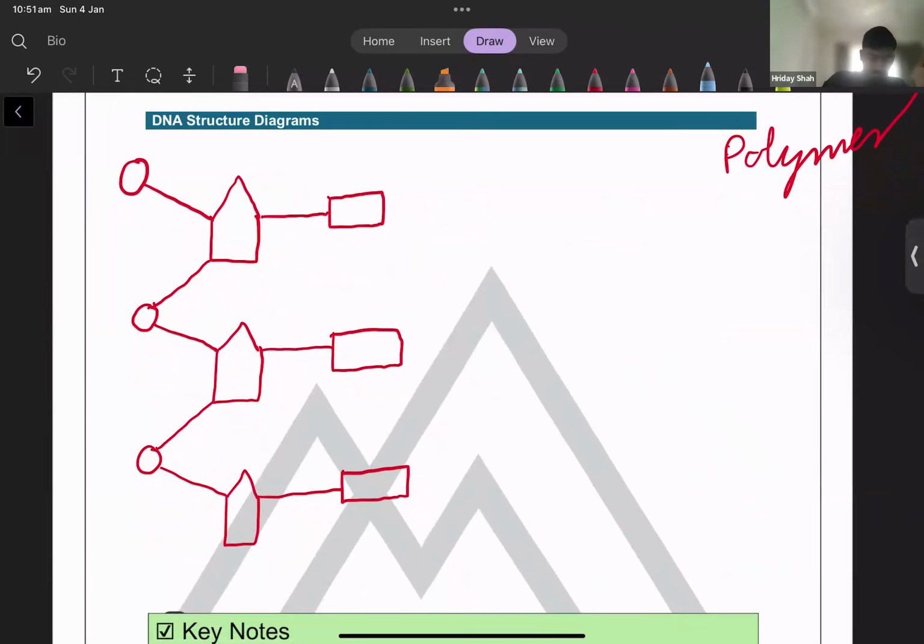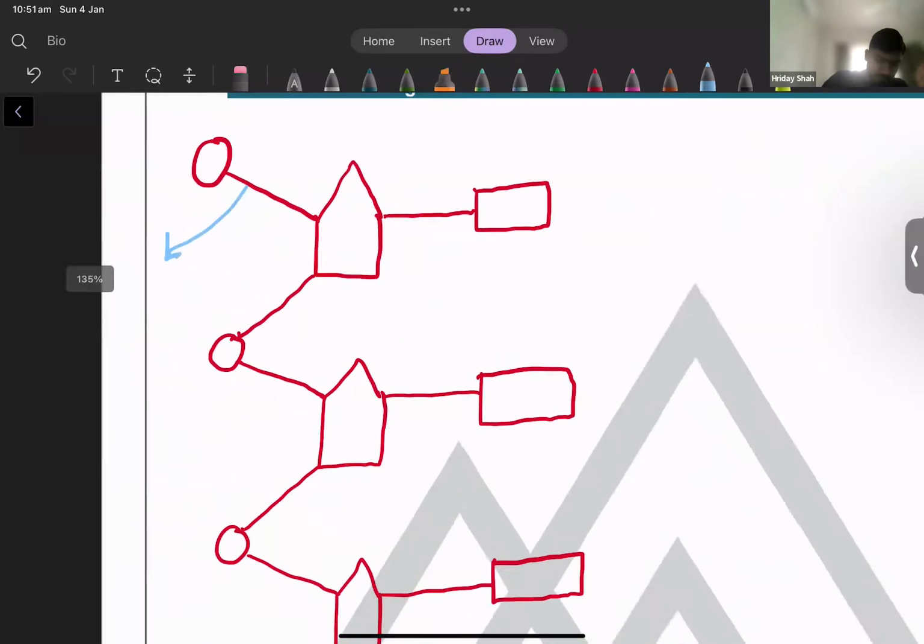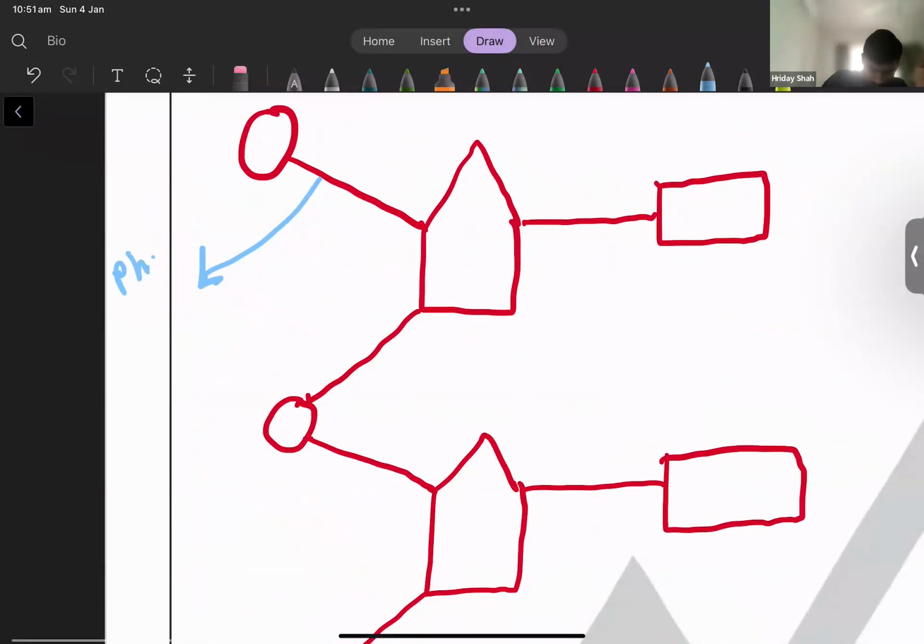As we remember from earlier, this is a phosphodiester bond, because it is joining the phosphate group to the sugar. Anything that joins phosphate group to sugar is called phosphodiester.